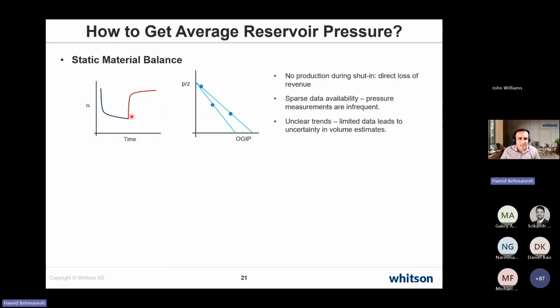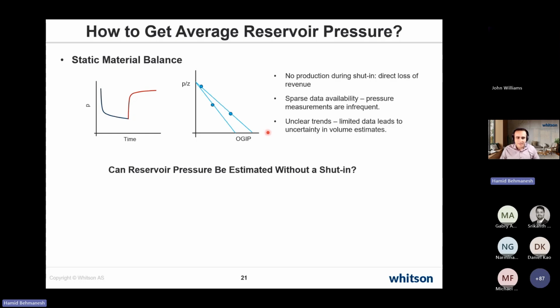So I have to shut the well in periodically to attain a reliable average pressure, which is directly related to the loss of revenue. This data could be sparse, and we end up with an unclear trend. So studying material balance definitely has some advantages, but it comes with these disadvantages as well.